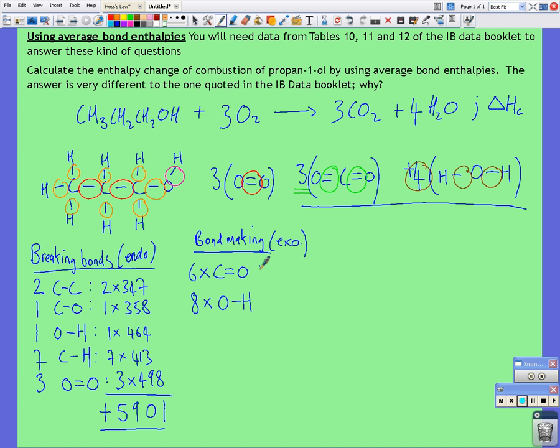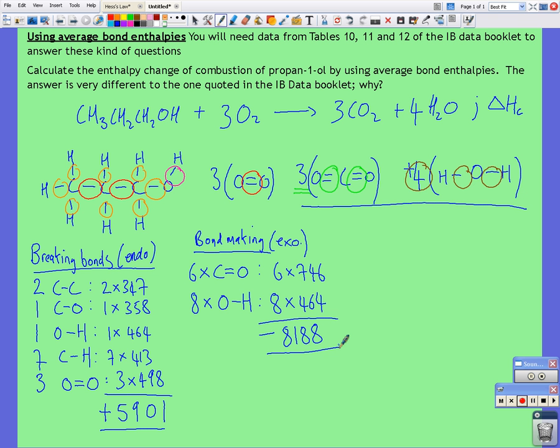Check that in your data booklet with me, and you'll see that that gives us 6 times 746, 8 times 464. If I add those all up, I get 8,188, and they're exothermic, so I'm going to make that negative.